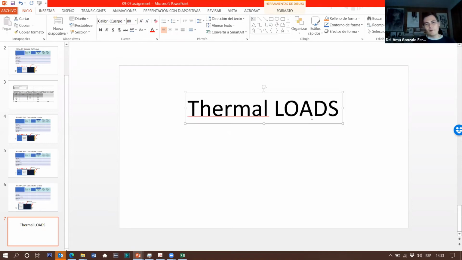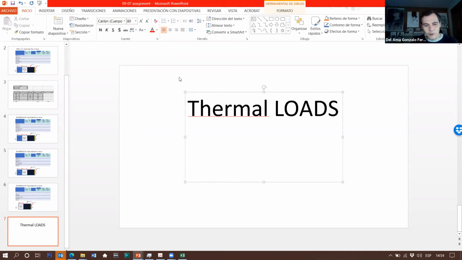Okay, so thermal loads are related to the U value, the thermal transmittance. And there's a very simple formula that comes from Fourier's law. We explained Fourier's law last week. It seemed like 2 years ago, but no, we explained it last week.